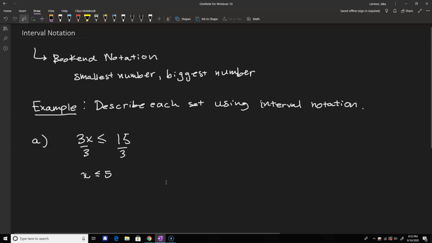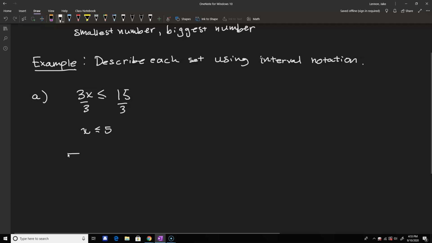And then once we've solved it, you can compare it to the graph. So if your graph is down here, you have the number 5, and we would shade that, and then shade to the left. So in this case, there's no smallest number. When there's no smallest number, we use something pointing toward negative infinity, so it's continuing without bound to the left.